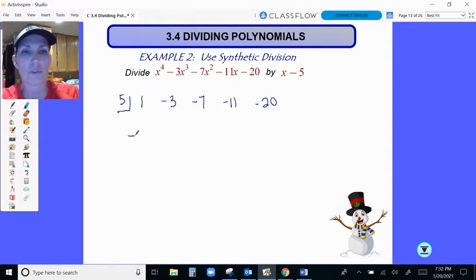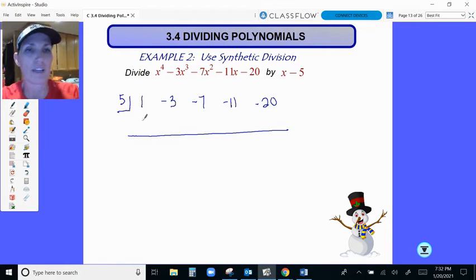I'm going to leave myself a little bit of space, and write a little bar there. I'm going to bring down always this first number 1, and start my multiplication process. 5 times 1 is 5, and I add those together, and that is 2.